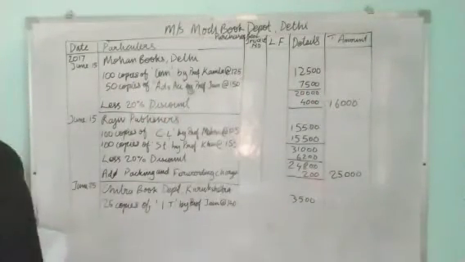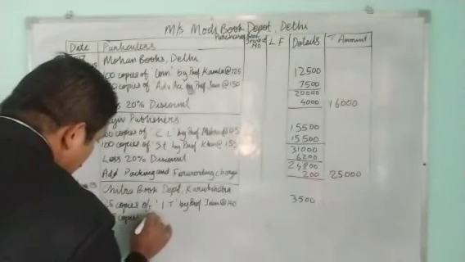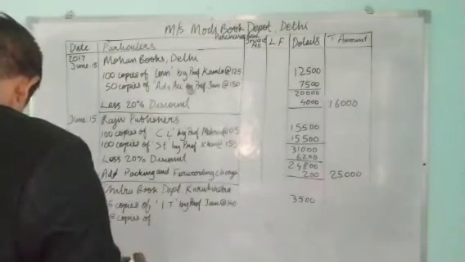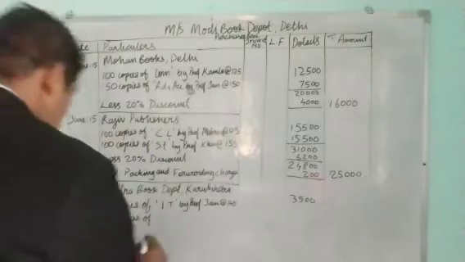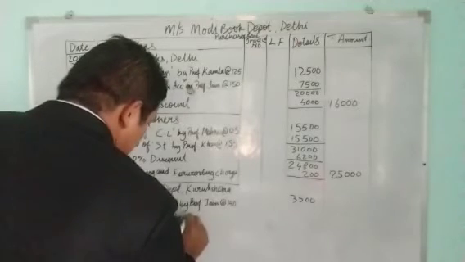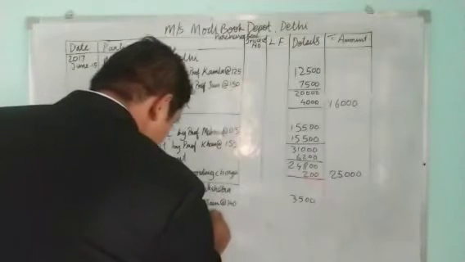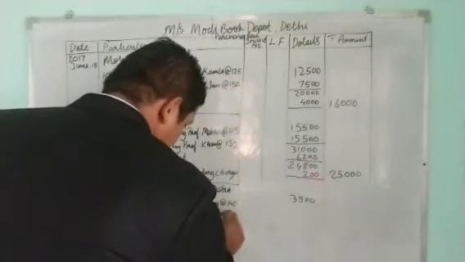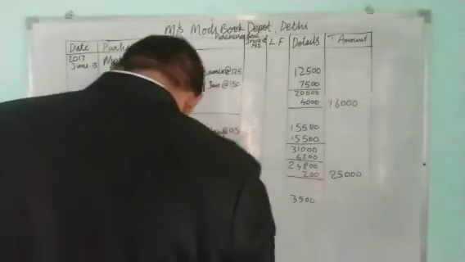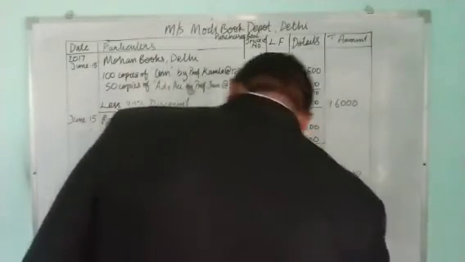And one more purchase is 25 copies of company law. Okay, so I am writing CL by Professor Mehra at the rate of 135 each, and the amount is 3,375.